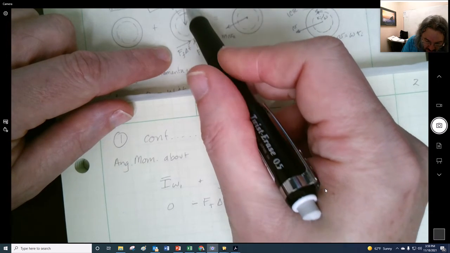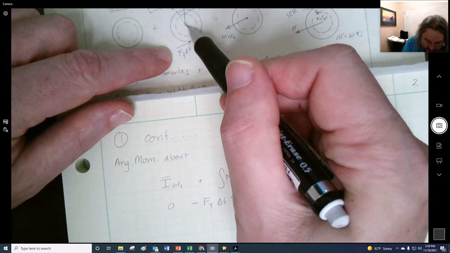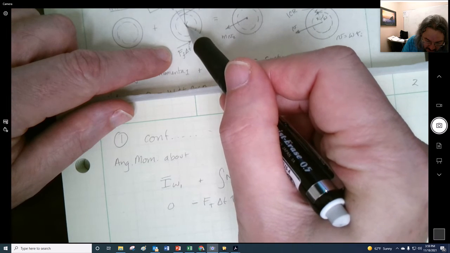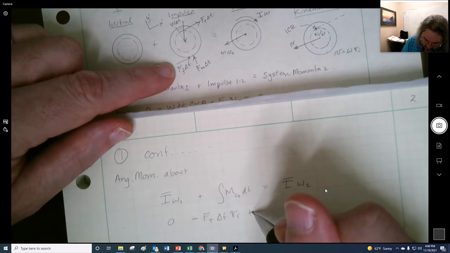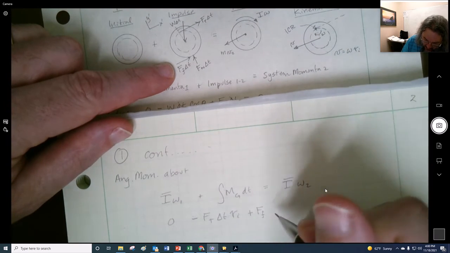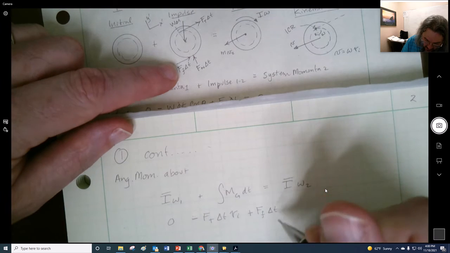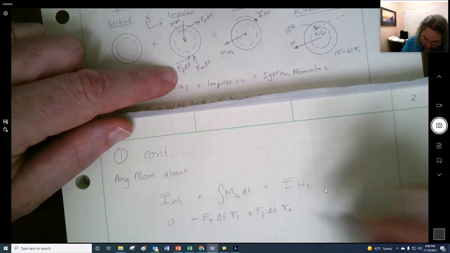The weight doesn't do anything because it's going right through the center. The normal force doesn't do anything because it's going through the center that we're taking the moments about. But the friction force is going to do something. It's going to go positive because it's going counterclockwise, and it's going to be friction force times time, times the distance too, right? So that's going to be RO.